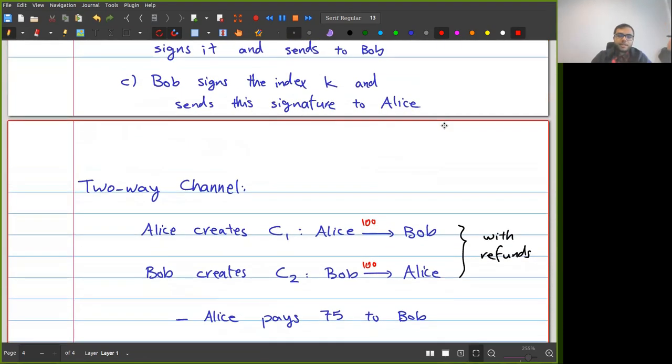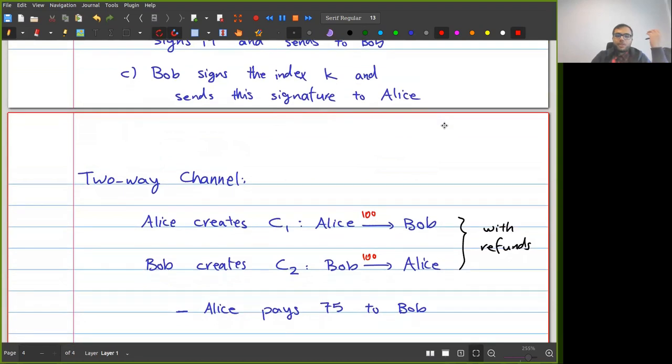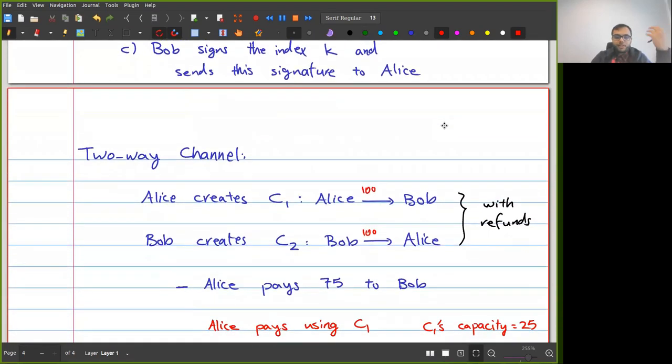So we have a settlement mechanism, but also we don't have to go to the blockchain for every single one of our payments. Now, the small downside here is that we actually use 2 different one-way channels with refunds to create our 2-way channel.